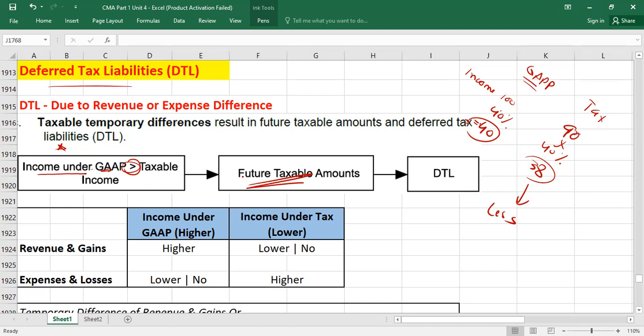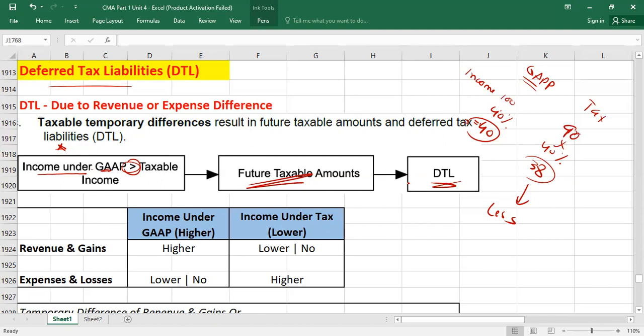So it will result in deferred tax liability. What is the question? If GAAP income is greater than taxable income, the difference is called the future taxable amount, and this would result in deferred tax liability. Fix it in your mind.